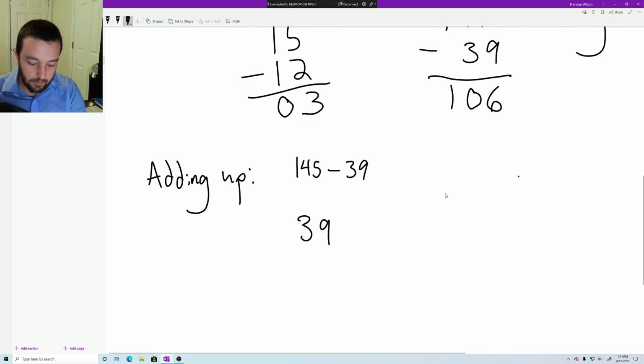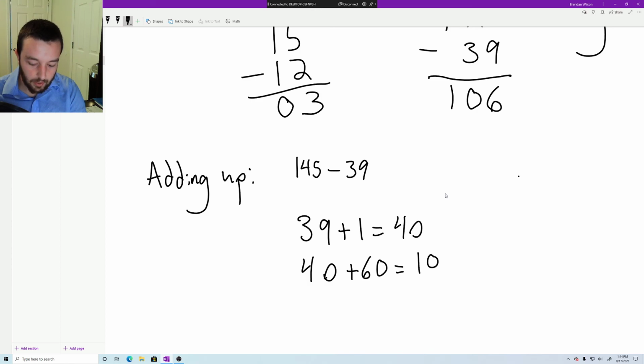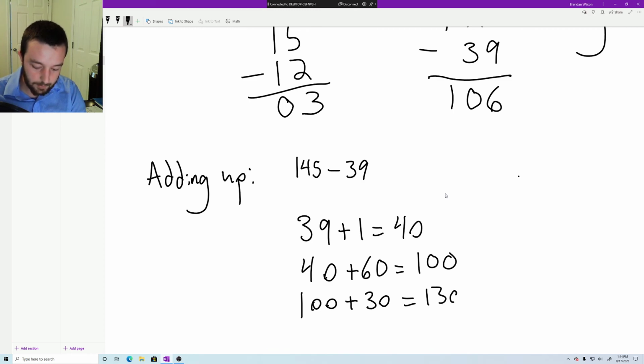For example, it's very easy to add 1 to this to get 40, right? And then if we take that 40, we can add 60 to it to get to 100. We're keeping the numbers very easy here. And then we could take that 100 and add the rest of the 45 to get to 145.